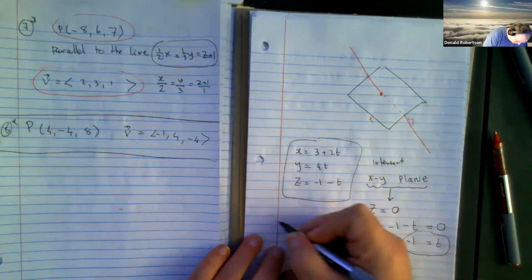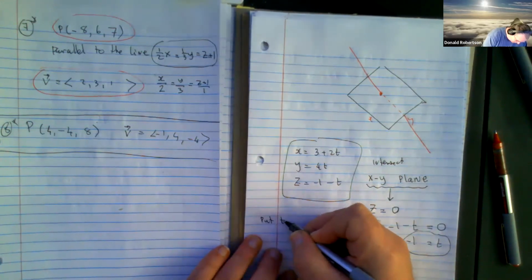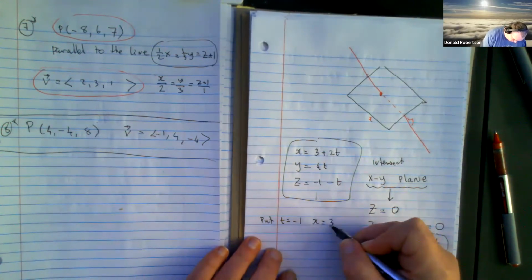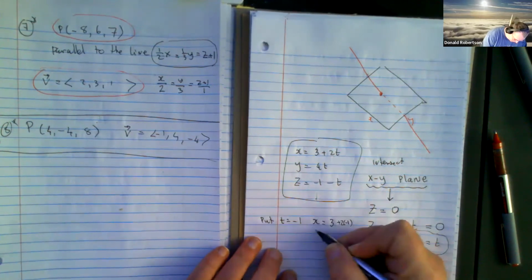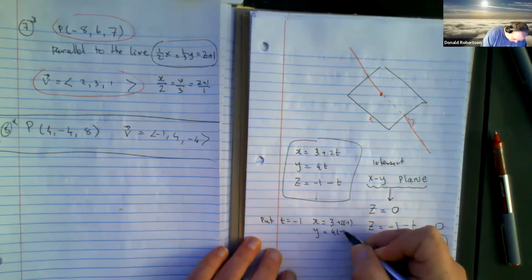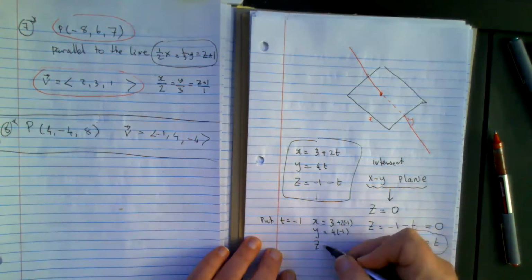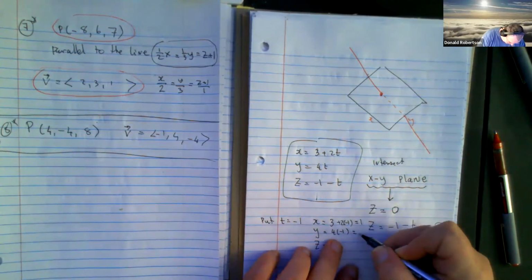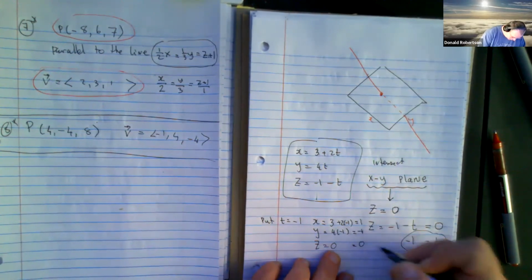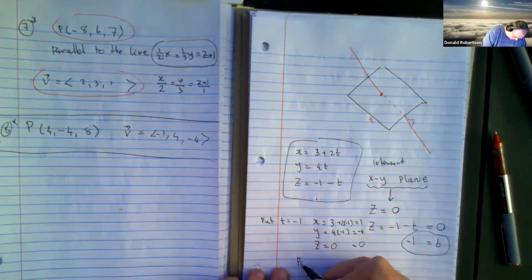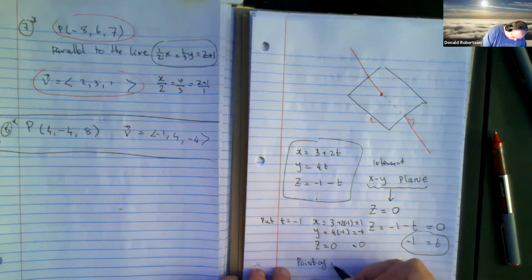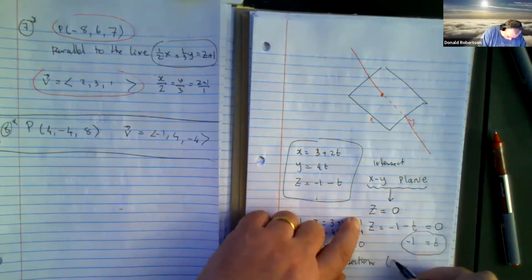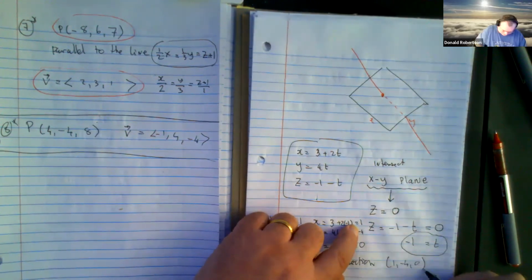I can then put T equals -1 into my parametric, and I get X is 3 plus 2 lots of -1, Y is 4 times -1. And isn't Z going to be 0? X gets me 1, Y gets me -4, and Z gets me 0. So the point of intersection will have coordinates 1, -4, 0.